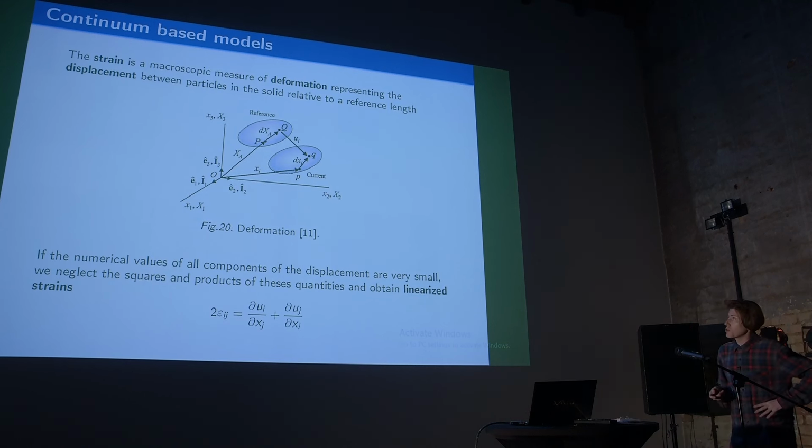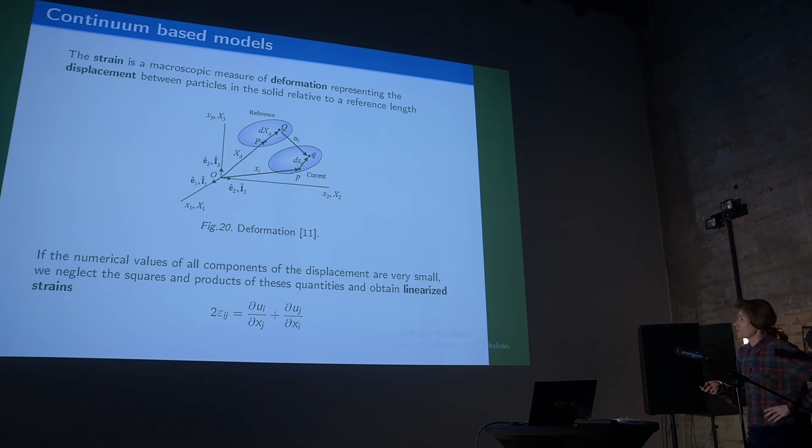Another abstraction is the strain. It's the macroscopic measure of deformation, and deformation is presented as displacement between different particles of the solid.